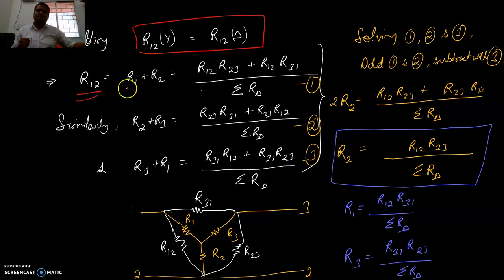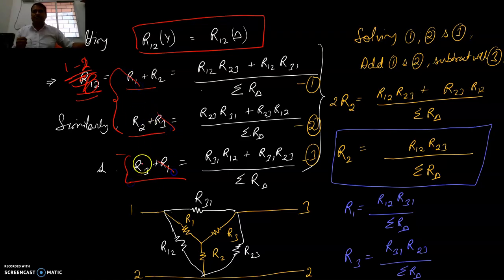So between node 1 and 2, we have R1 plus R2 equal to this term, and likewise R2 plus R3 and R3 plus R1. How do we proceed? We add these two terms and subtract the other one. Then R3 and R1 cancel here, and here we will have 2 R2.